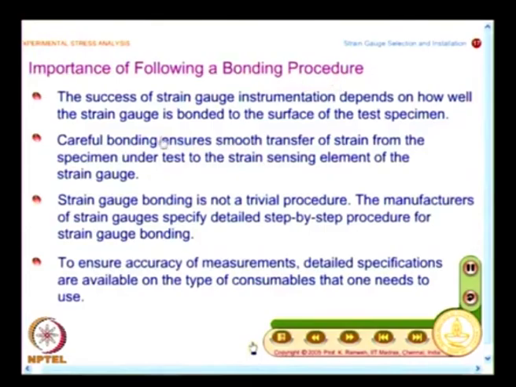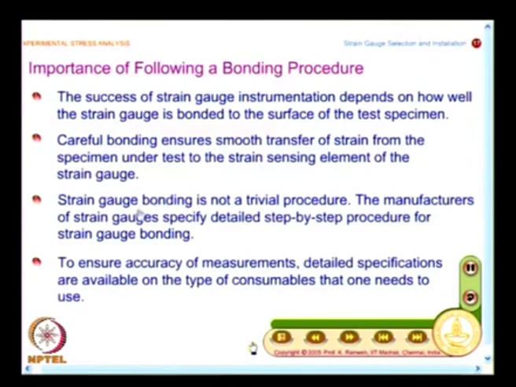The basic idea is that the success of strain gauge instrumentation depends on how well the strain gauge is bonded to the surface of the test specimen. It is a very important step. And what is the advantage of careful bonding? This ensures smooth transfer of strain from the specimen under test to the strain sensing element of the strain gauge.